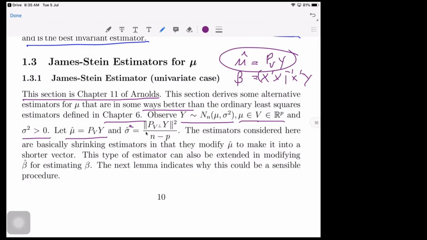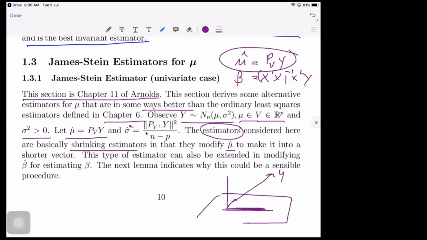These estimators here are basic. The estimators that we are going to consider here are referred to as shrinking estimators, in that they modify your mu hat to make it into a shorter vector. Remember that if you have a vector y, you can have a projection of that onto your subspace V, no? So the projection of y onto V is this.